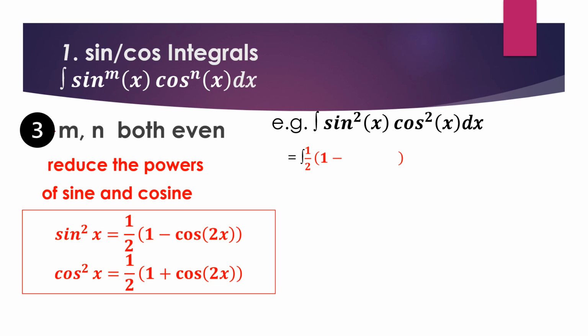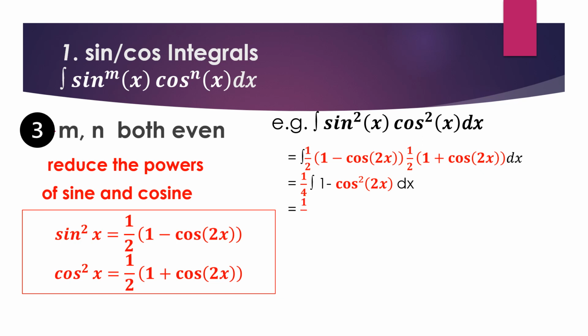Here we get integral 1/2 times 1 minus cosine 2x times 1/2 times 1 plus cosine 2x dx. And then we get 1/4 out of the integral, and inside the integral we'll have 1 minus cosine squared 2x dx.